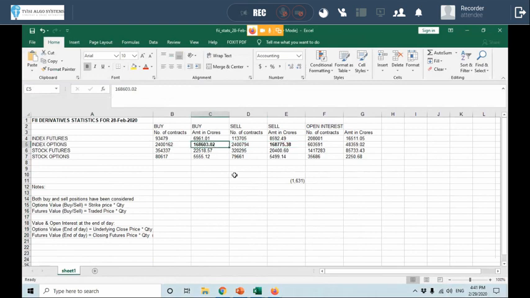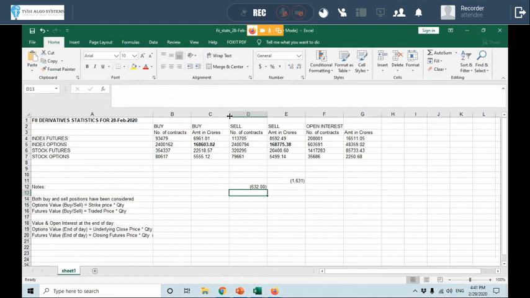But we can look at the contracts. This is for options: index options they have bought and sold. Even for a stock, the same thing applies? Exactly, yeah. Again we can't do this analysis, because index options bought includes call buying and put buying.